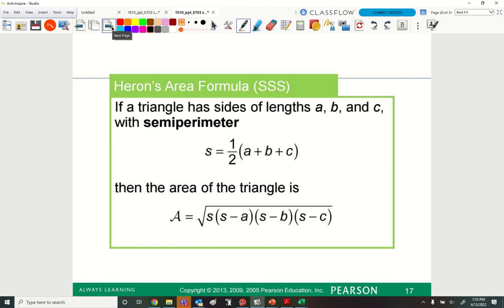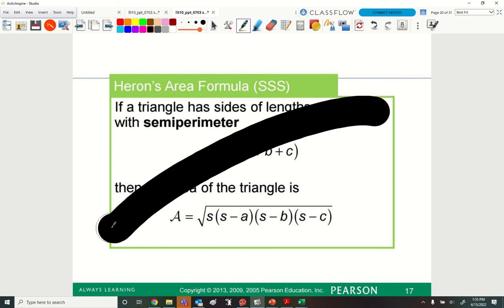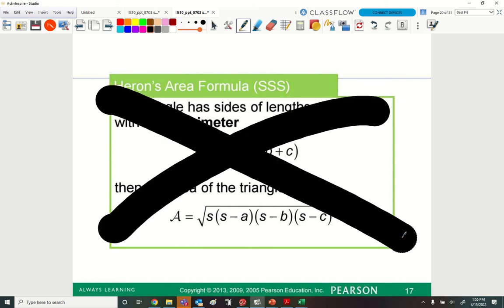I'm going to tell you right now, I hate Heron's formula. That's how much I hate that formula. So what we're going to do instead to solve for the area, because this formula sucks.